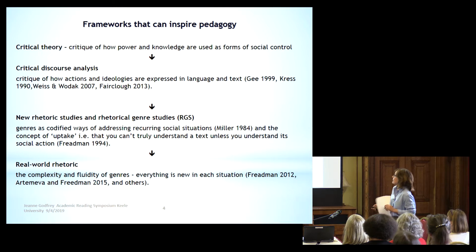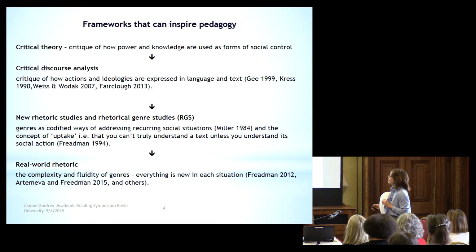The first, I'm sure, again, lots of you know, generally critical theory, and that's looking at the relationships between power and knowledge and how that perpetuates the status quo. So, for example, in universities, the idea is that perhaps the lecturers have a certain way that they think people should be reading and writing, and they're the people that mark your work, they hold the power.